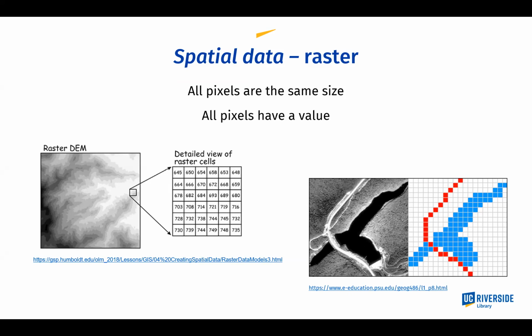Now, in a GIS, raster data is used both for images, like images of the ground or images of maps, maybe that were printed before, but it can also be used for any type of data where you want to have understanding of how this feature varies continuously over the landscape. So on the left-hand side of the screen, we have an image of a digital elevation model, or DEM.